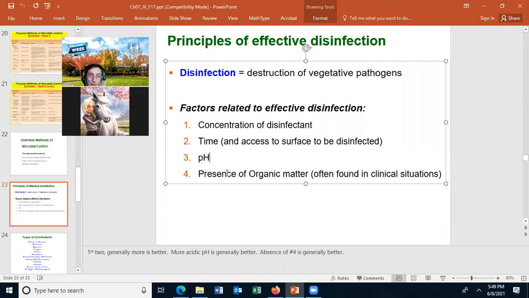The more organic matter that's present, the less the bleach will kill cells. And eventually, if you have a lot of organic matter around, it will inactivate all the bleach. Any question about that?